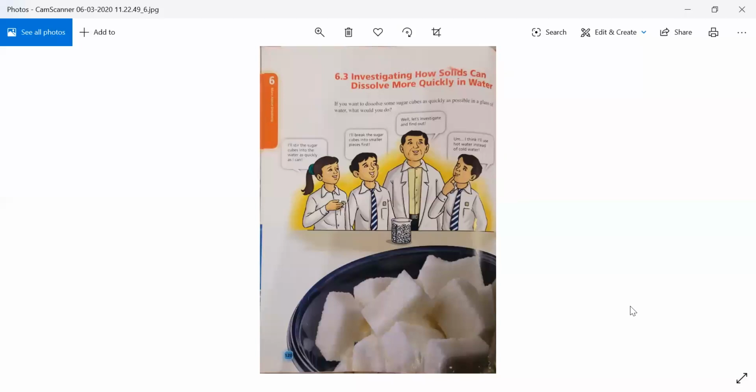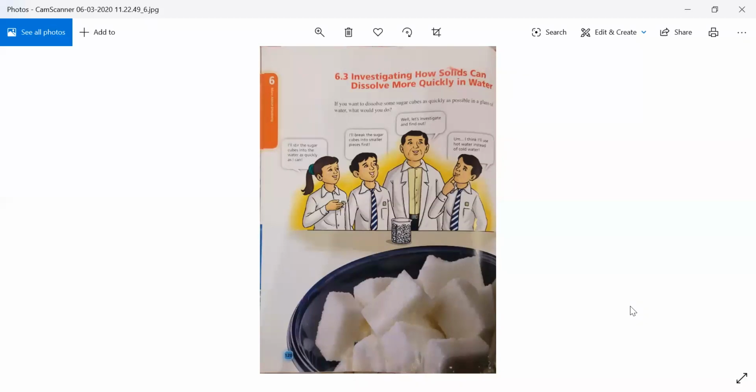A girl is saying, I'll stir the sugar cubes into the water as quickly as I can. It means she'll just stir as quickly as she can. And the boy is saying, I'll break the sugar cubes into smaller pieces first. He's saying that before stirring the sugar with water, he'll break the sugar cubes into smaller and smaller pieces.